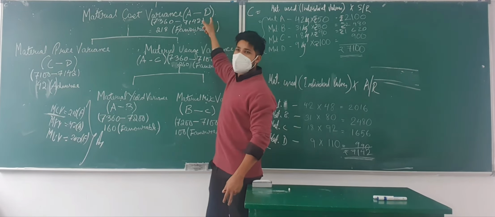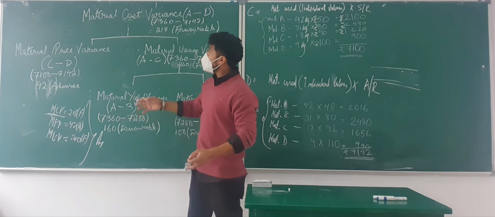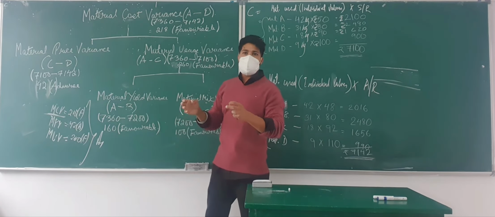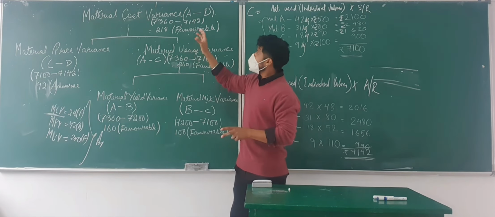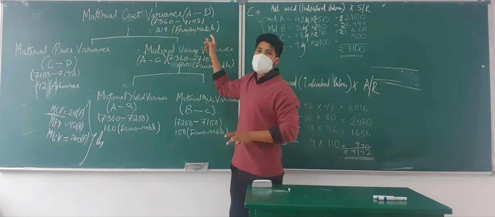And then the formula, you get 3 marks. Am I clear? When you're writing the definition of material cost variance, how will you write? Material cost variance is a variance in the cost, which can be calculated using the formula A minus D. A is this, D is this.